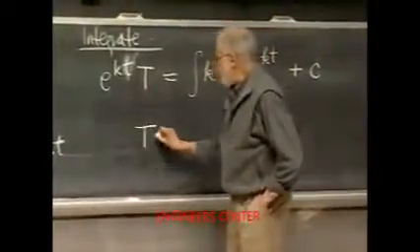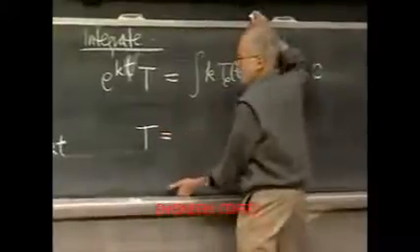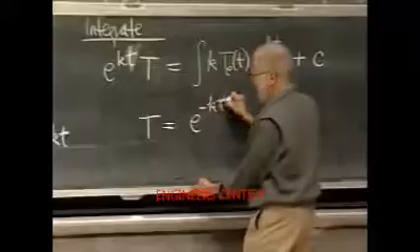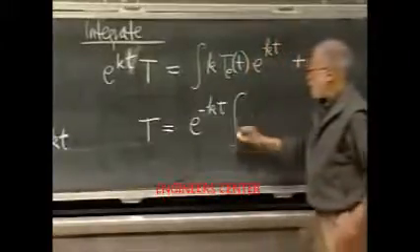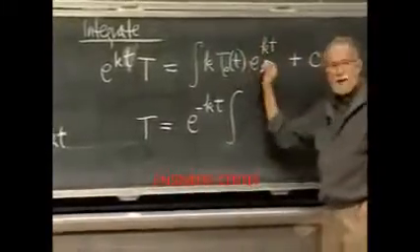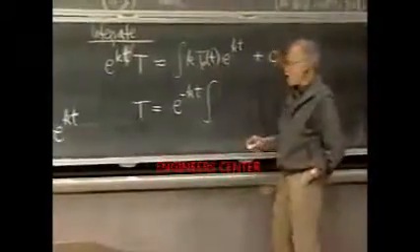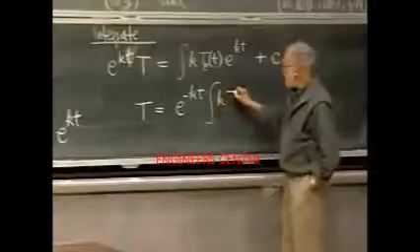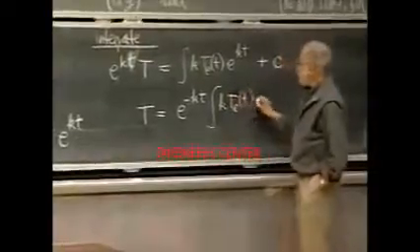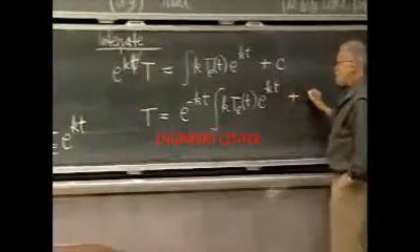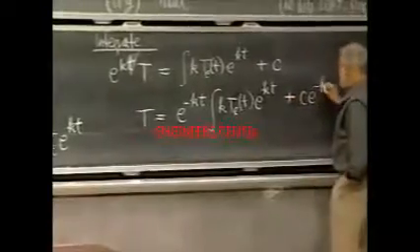So what will T be? Okay, T will look like this finally. It will be e to the negative kt, that's on the outside. Then you will integrate. Of course, the difficulty of doing this integral depends entirely upon how this external temperature varies. But anyway, it's going to be k times that function which I haven't specified, times e to the kt, plus c times e to the negative kt.